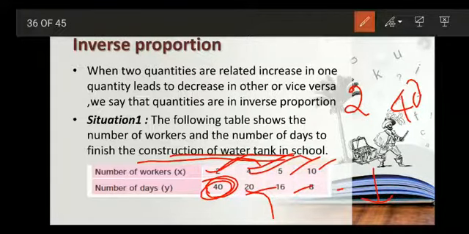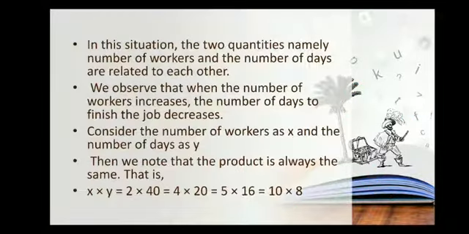So these two quantities are in inverse proportion. In this situation, the two quantities, namely the number of workers and the number of days, are related to each other, and we can observe that when the number of workers increases, the number of days to finish the job decreases.